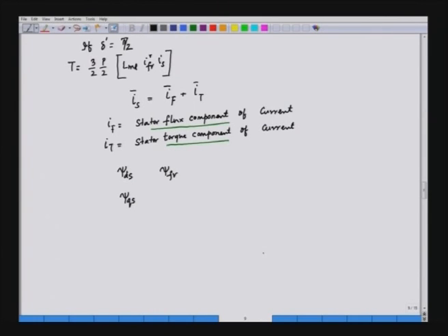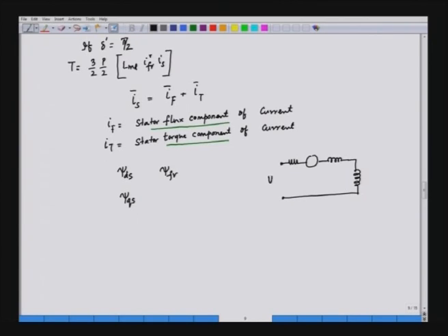So, in fact, if we draw the equivalent circuit it will look like this. In the d axis we have the resistance here, we have a back EMF, we have the leakage inductance, and then we have the magnetizing inductance, and here the circuit is complete.